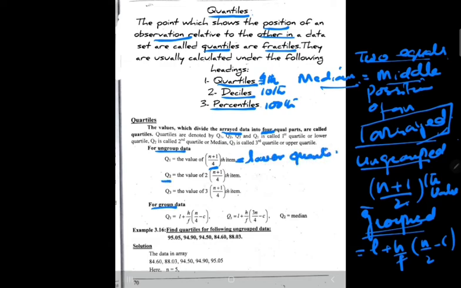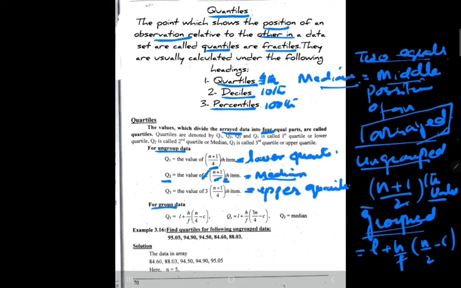When you solve Q2, it becomes the median. Just look at the formula: the 2 cancels out, and n plus 1 divided by 2 becomes the median. So Q2 is also a median. For Q3, 3 is multiplied by this factor (n plus 1) divided by 4, and we get the upper quartile, which is also called the third quartile.